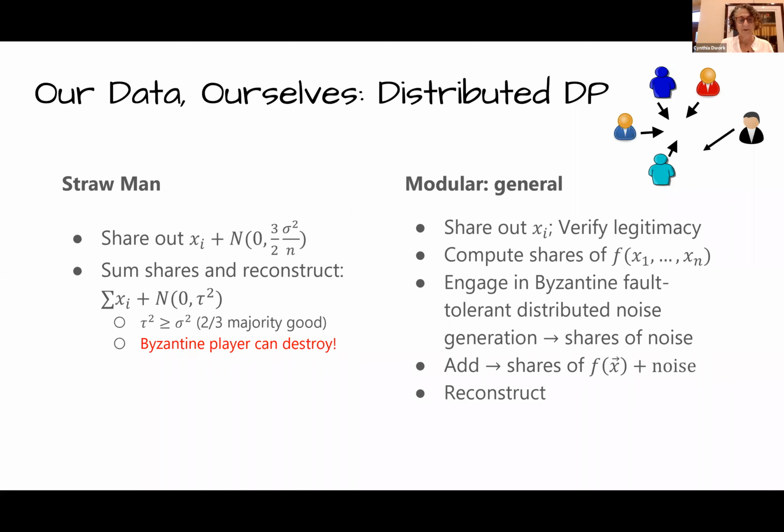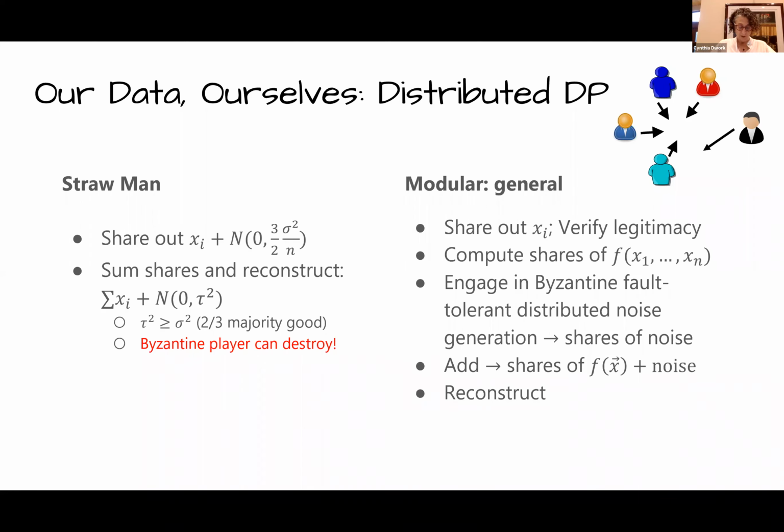But with this kind of an algorithm, the Byzantine player can completely destroy things by sharing out for their noise some wildly huge value. And that'll just completely trounce any real signal here. So we look at a more modular approach where we share out the inputs and we verify their legitimacy. For example, suppose we're doing a counting query.